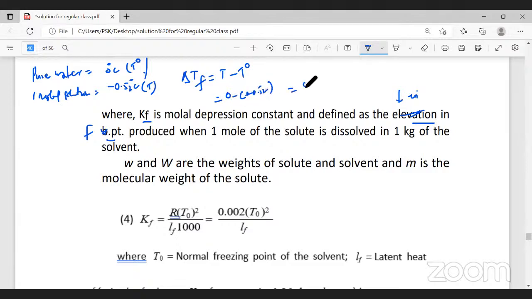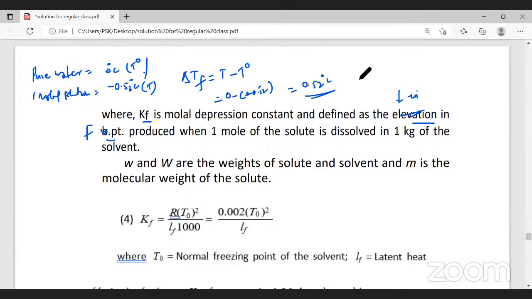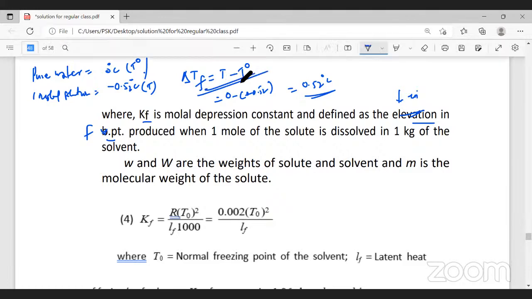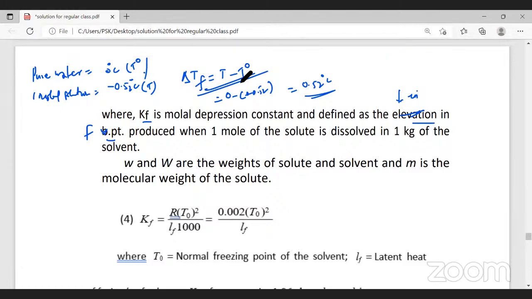So that will be again 0.52 degrees Celsius. So the decrease in temperature is 0.52 degrees Celsius. This is called the molar depression constant. Do not think that since it is a decrease in temperature, you will have a negative value for the molar depression constant. It is not, because we calculated just now here. Delta Tf is equal to T naught minus T.